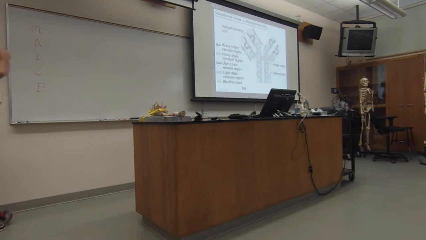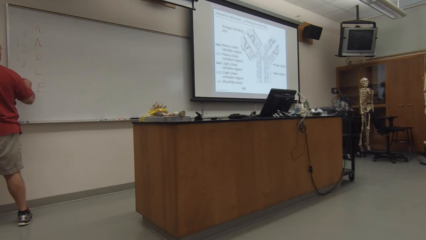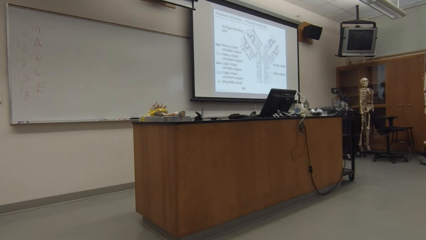So again, we would put IgM, IgA, IgG, IgD, IgG, and IgE. Immunoglobulin A, immunoglobulin M, immunoglobulin D. Now, what does this mean? What are their functions?